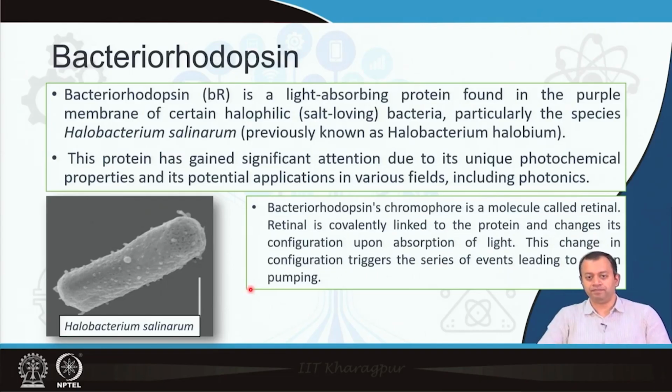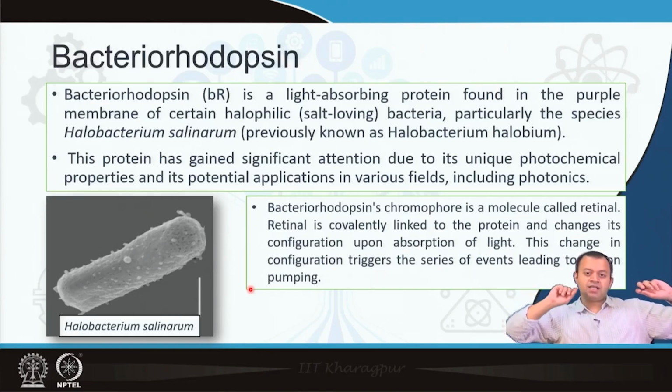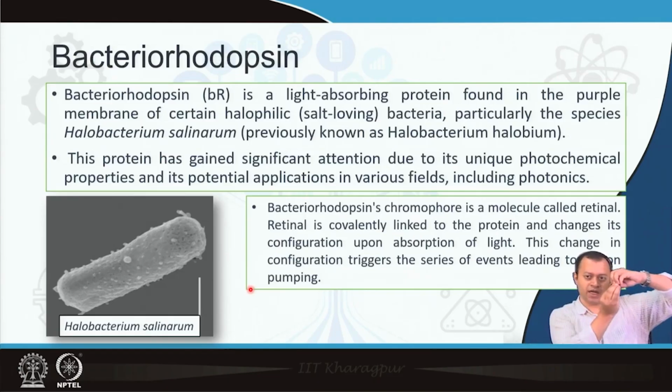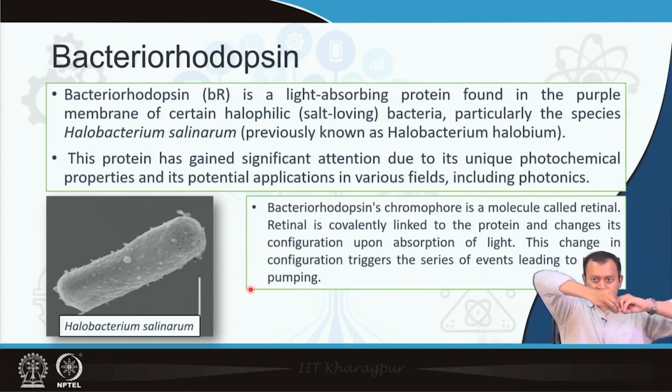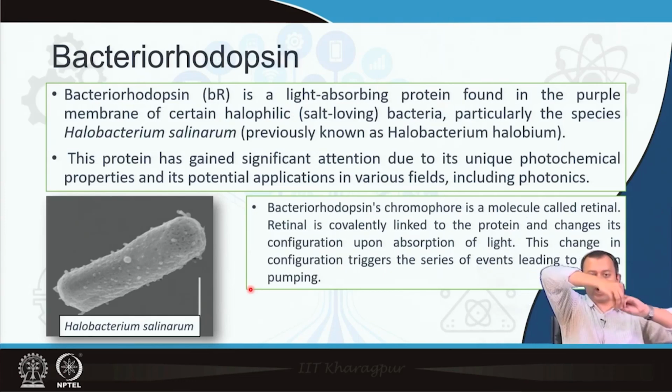Now, think about it. A particular material covered with retinal or bacteriorhodopsin is connected with a particular protein. So, the retinal part of bacteriorhodopsin is connected with a protein. As soon as it absorbs light, it kicks the protein, changing its isomerism from cis to trans.